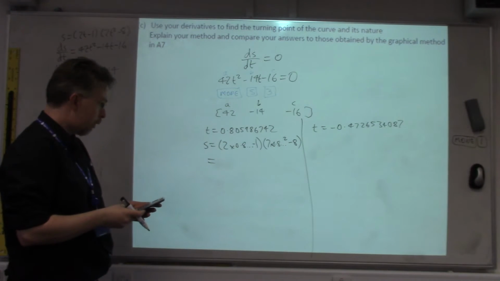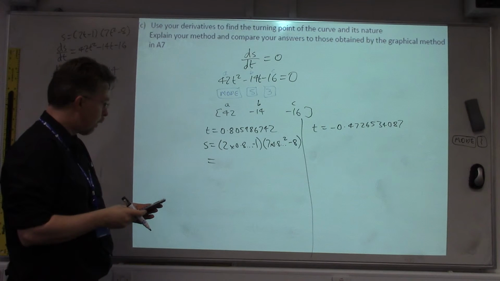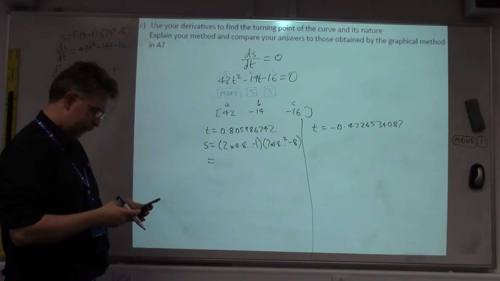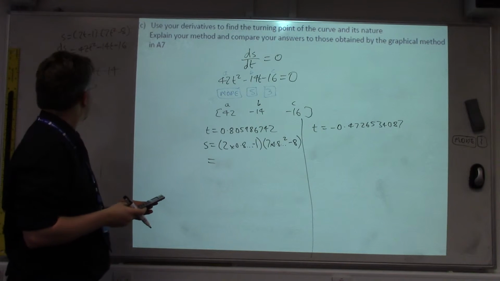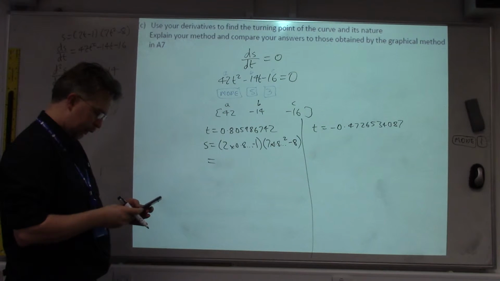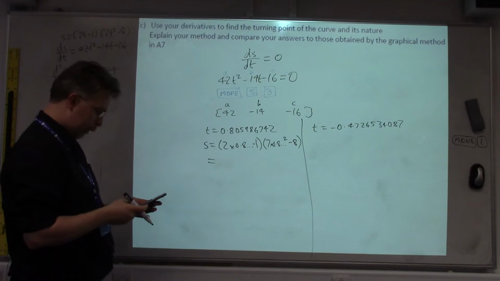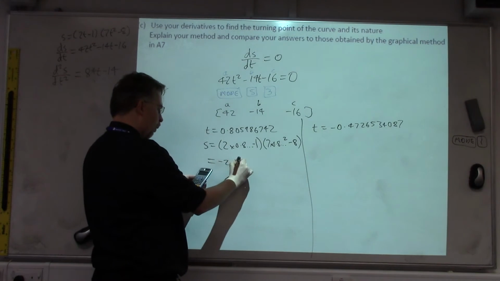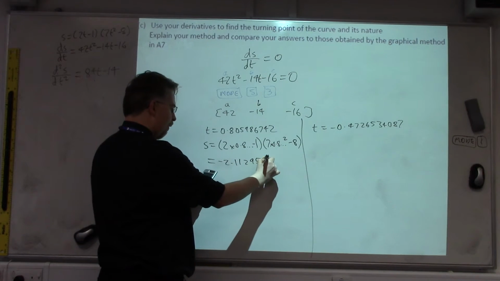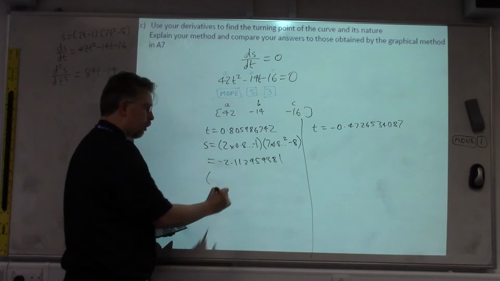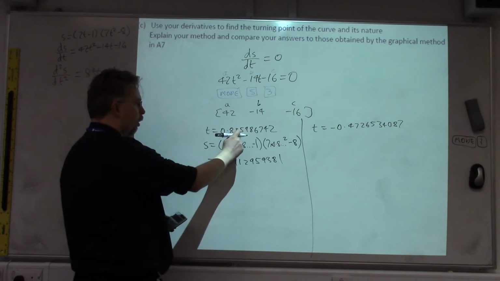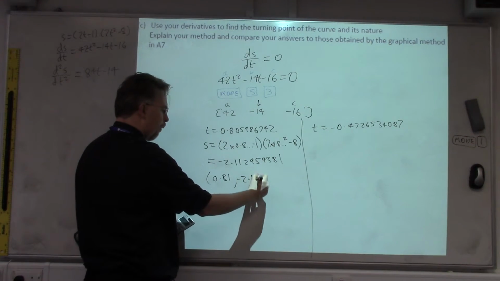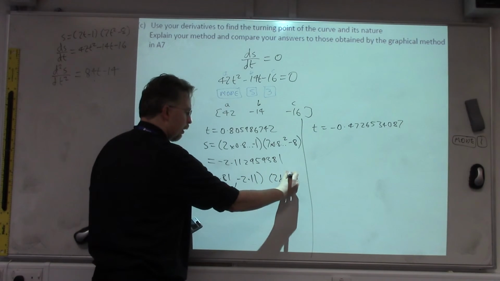So let's do that, sticking in the numbers. This equals minus 2.1129599381. So if we round to 2 decimal places, our point would be 0.81, minus 2.11 to 2 dp.